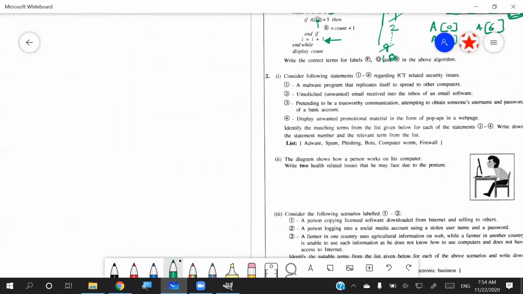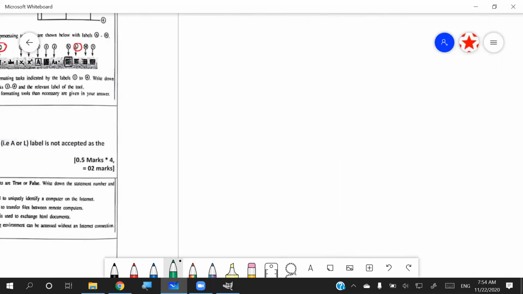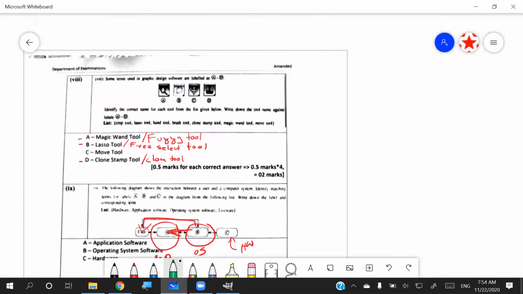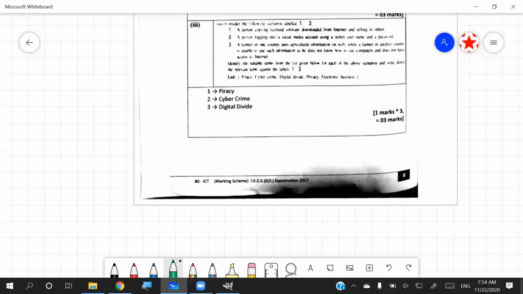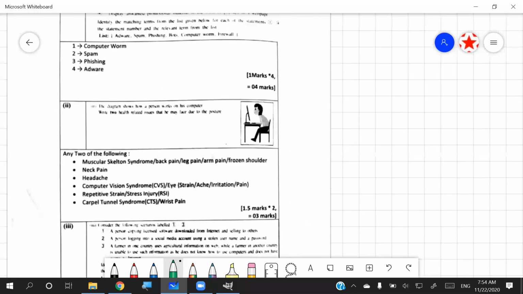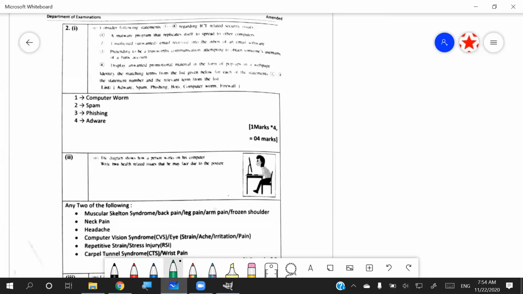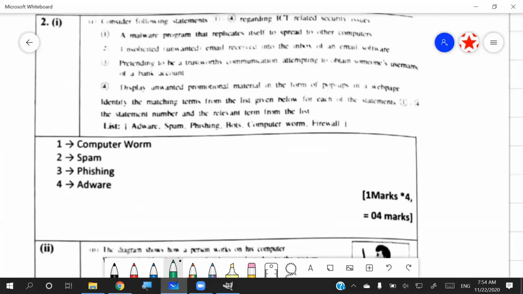So let me show you the marking scheme again, so you can have the idea. Right, so it is computer worm and spam for the second one.